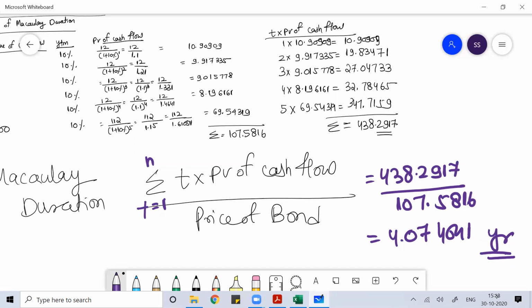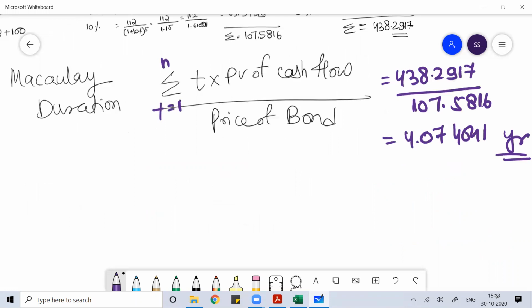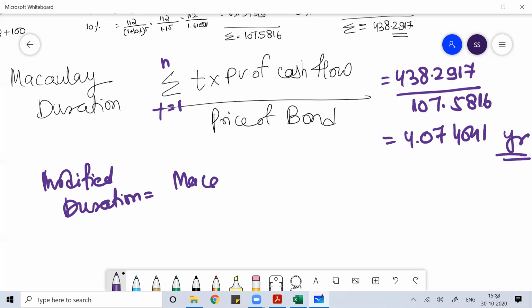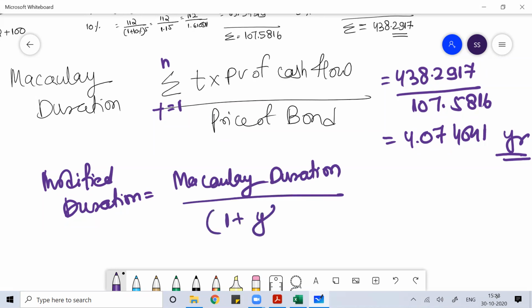So once you get the Macaulay duration, you can find the modified duration. The modified duration is equal to Macaulay duration divided by 1 plus YTM.